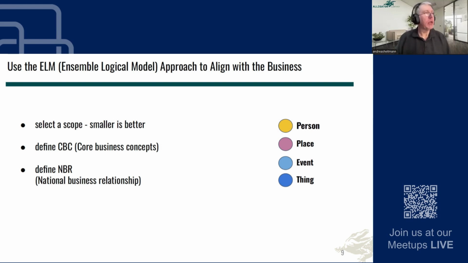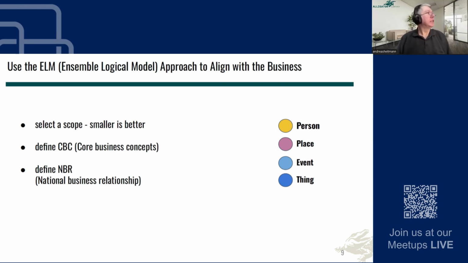It's a concept for how you can interview the business and talk to the business, align with the business, and then collect the CBCs, the core business concepts, and the natural business relationships between these CBCs. They are called NBRs, natural business relationships. And I will go into depth a little bit later.